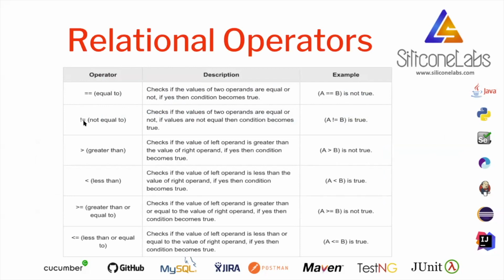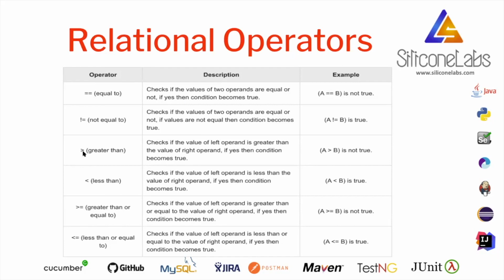And we have exclamation mark and equal sign. This checks if left side and right side are not equal. And if those two values are not equal, this expression gives me a true value. If the left side and right side are equal, this expression gives me a false value.